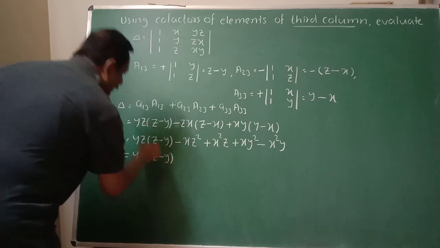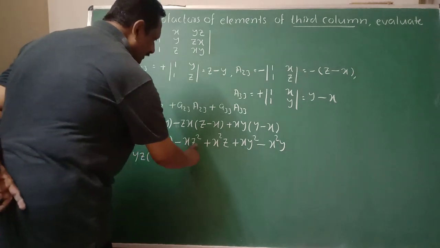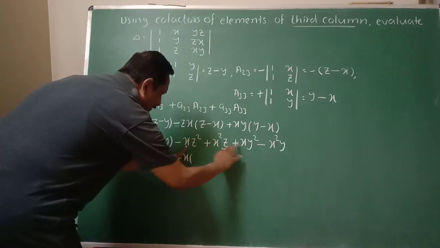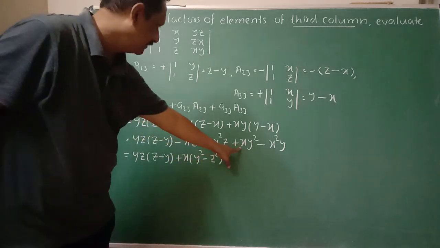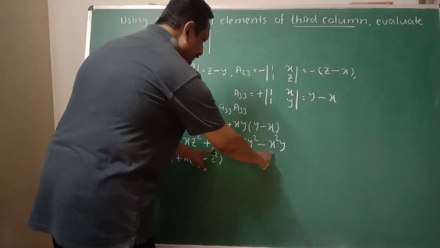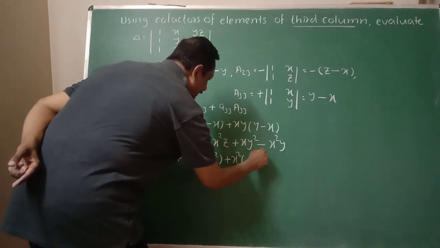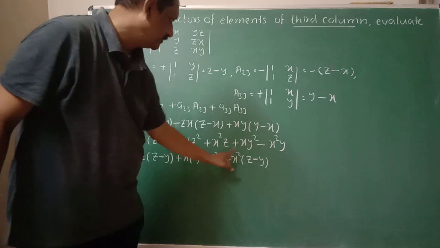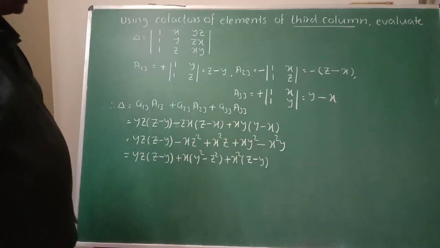Therefore this is equal to yz into z minus y. Then from this term and this term x is the common factor, so plus x into y square minus z square. Here also x is common. From the other two terms, x square is the common factor, then z minus y. Here it is y square minus z square, so it is better to take a minus common.